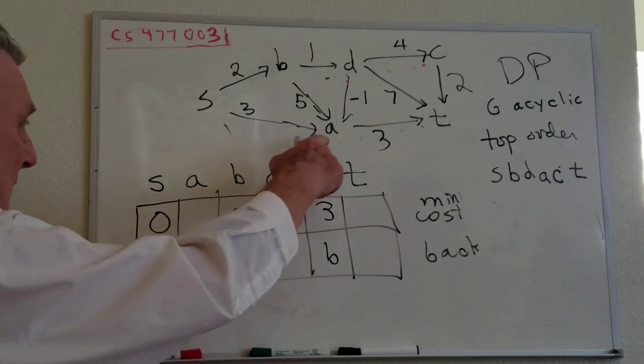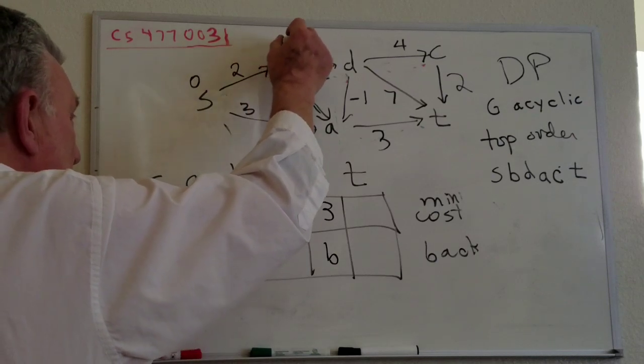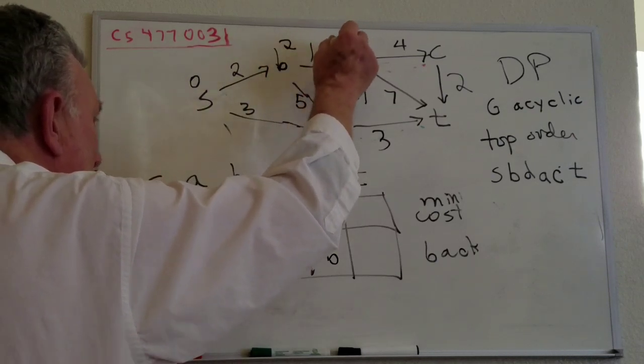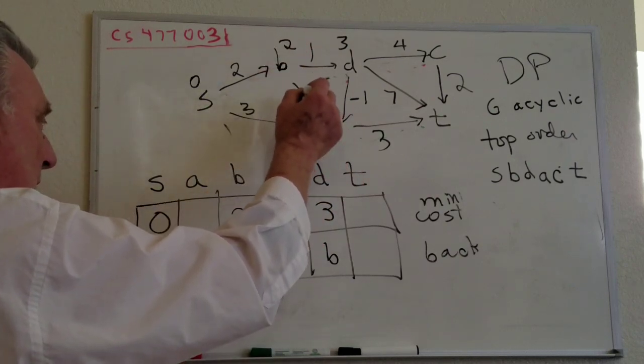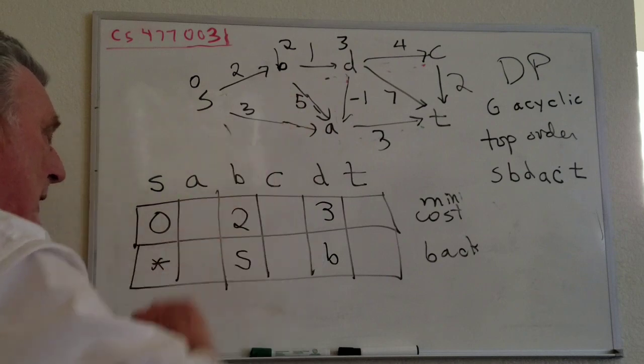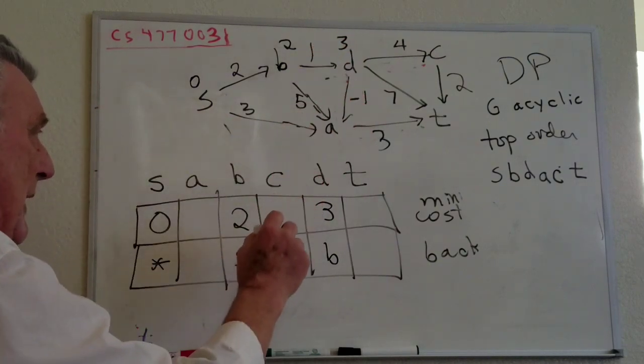Now in A's case, we have a 0 here, and we have 2 here, and we have 3 here. In A, you either can come from a 2 and add 5, or come from 3 and add -1. It's clear that this direction is better.